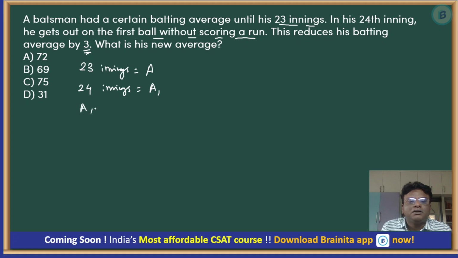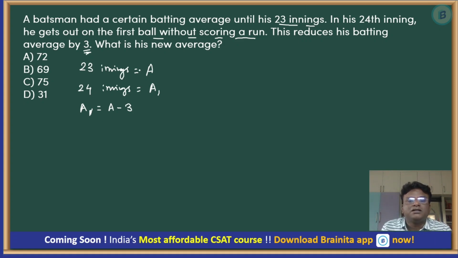So A1 is basically A minus 3, correct? Because A is after 23 innings, A1 is after 24 innings, and A1 is basically less than A by 3. So this is the first thing that we got.